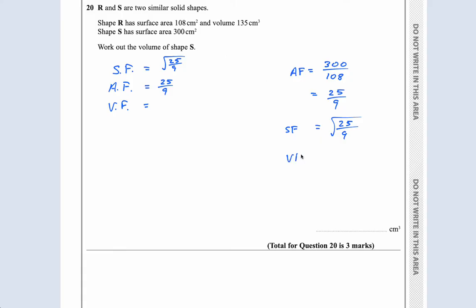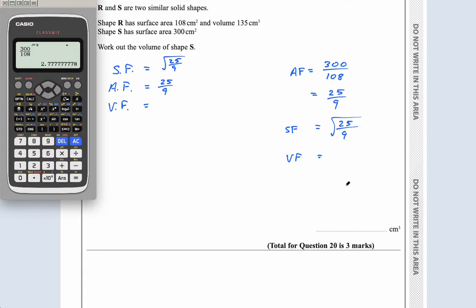And then to find the volume factor, we have to cube this. So you can't go from area factor to volume factor directly, guys. You go from area factor to scale factor by getting the square root, and then to volume factor by cubing the scale factor.